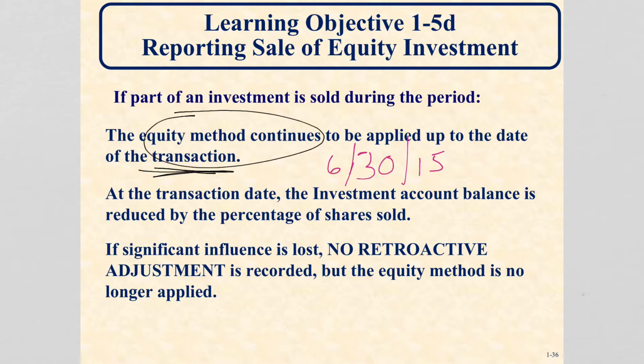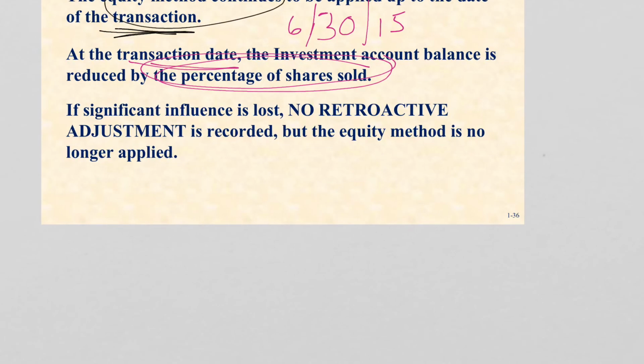Then, based on that transaction date, say June 30th, the investment account is reduced by the percentage of shares sold. So that's what you do. You take the investment account amount, so let's say after you make your adjustments it's $110,000, and you sold, I'll make it easy on myself, 1/4 of the shares you held.